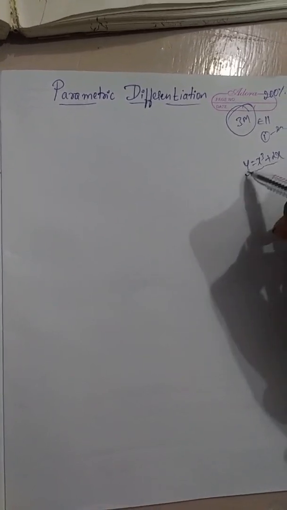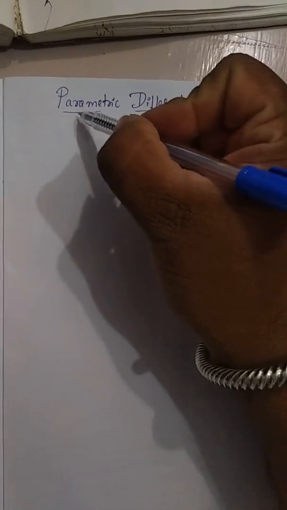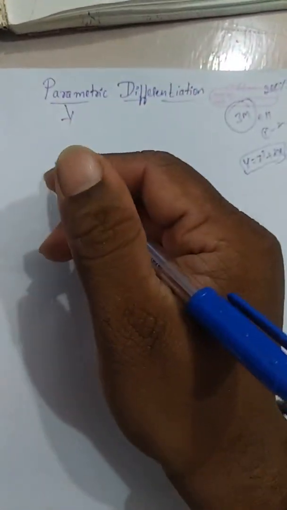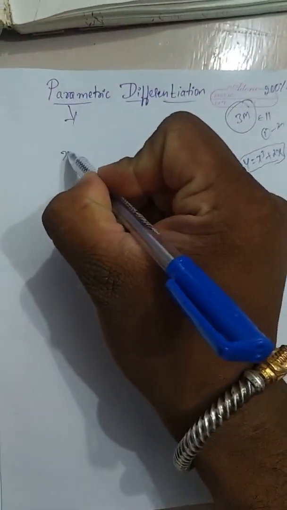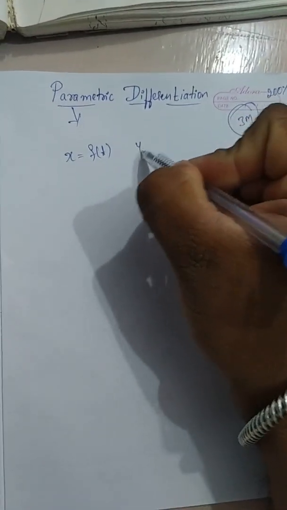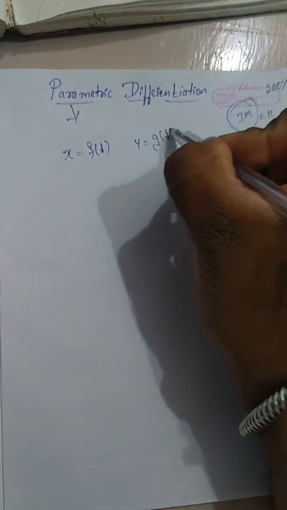Now we are writing the parametric function: x is equal to f of t, y is equal to g of t.